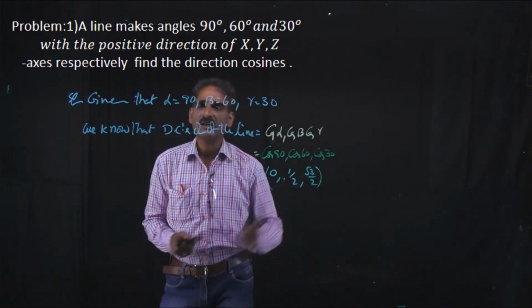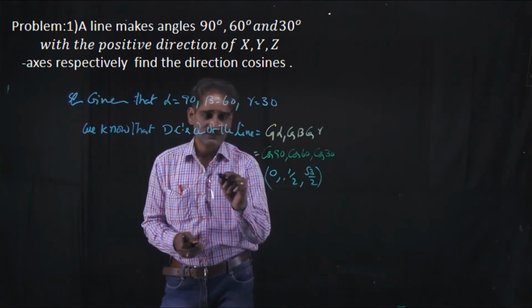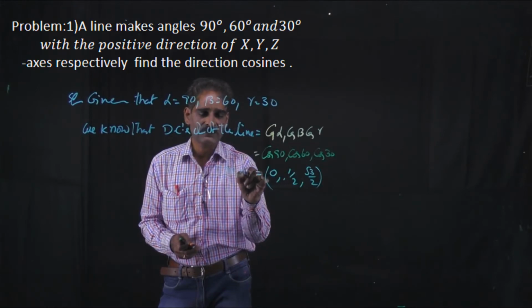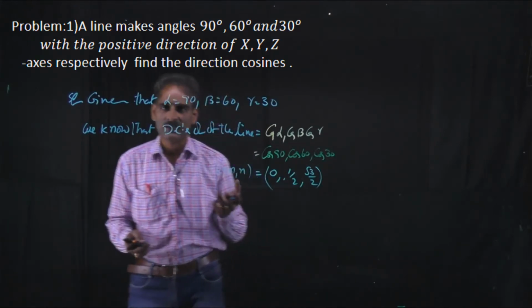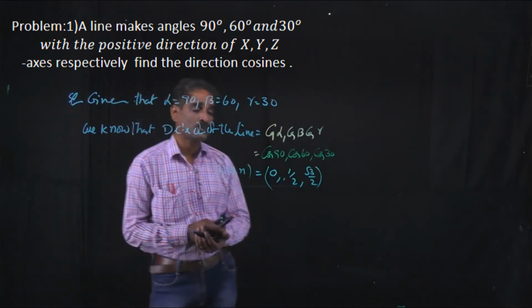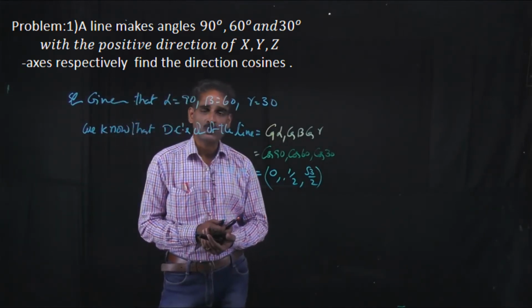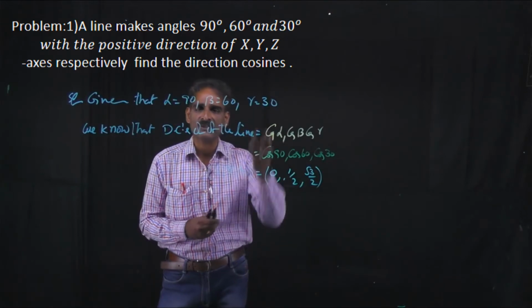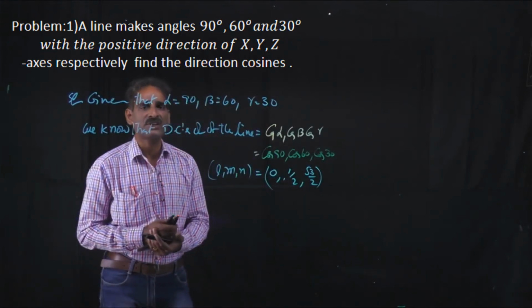So let us take these DCs as L, M, N. Generally the notation for DCs of any line is L, M, N. L, M, N is equal to 0, 1 by 2, root 3 by 2. These are the DCs of the line in case of inclinations 90, 60, 30.